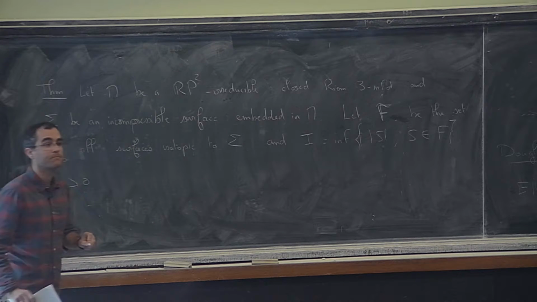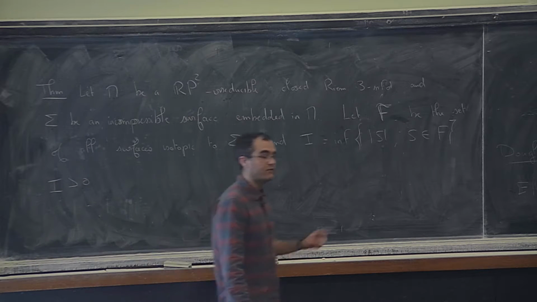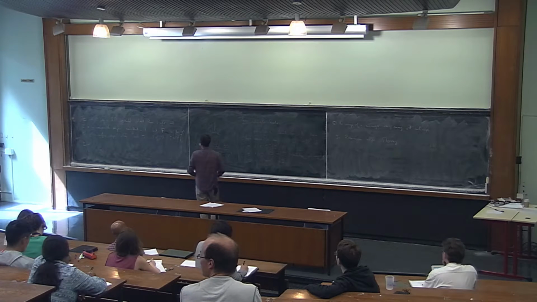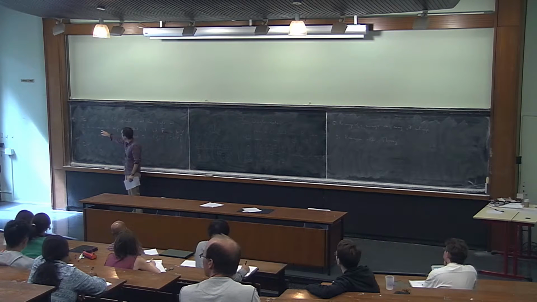Sorry? Before you go to F, the set of all incompressible surfaces. Yeah, and before it was all the essential spheres. Here it's just the set of all surfaces isotopic to sigma.